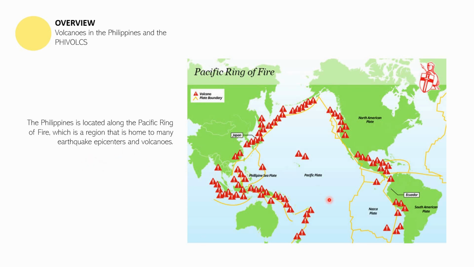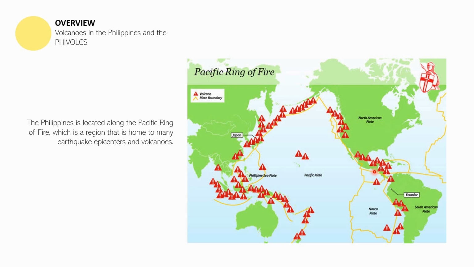It is along this region where you find the Philippines and countries like Japan as well, which, as we know, have many volcanoes and frequent earthquakes, volcanic earthquakes. And so we are along that Pacific Ring of Fire, and in grade 8 we already clarified why we are in there.